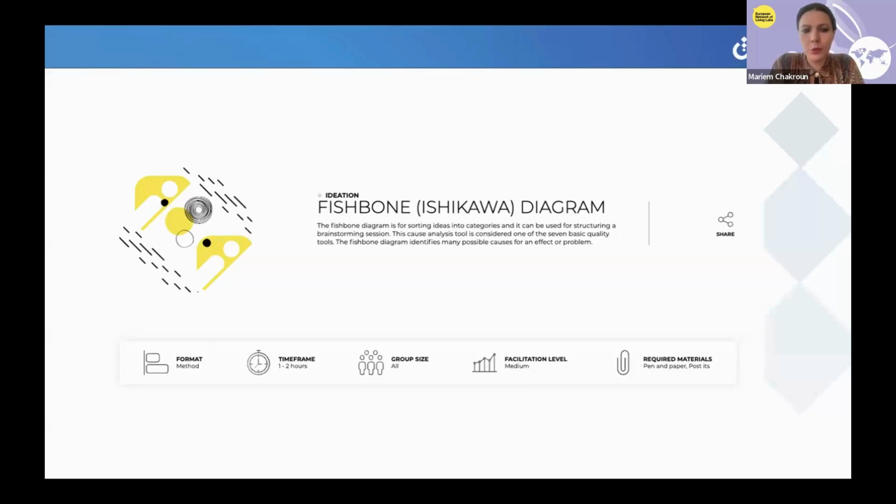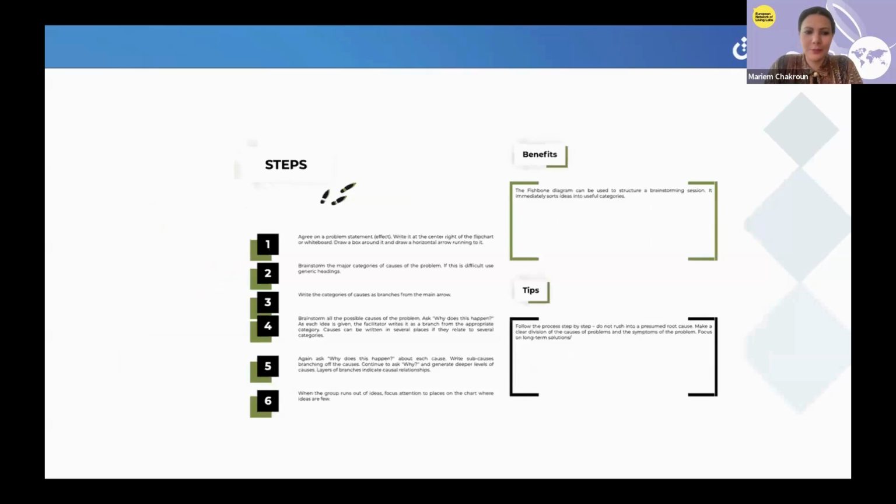You can run it with a large group of people, and the facilitation level is medium. So here you don't need a skilled facilitator, and you can access all the information and the steps you need to follow, and you can run the activity. Of course, you adapt it to your workshop needs, and all you need is pen and paper and post-its.